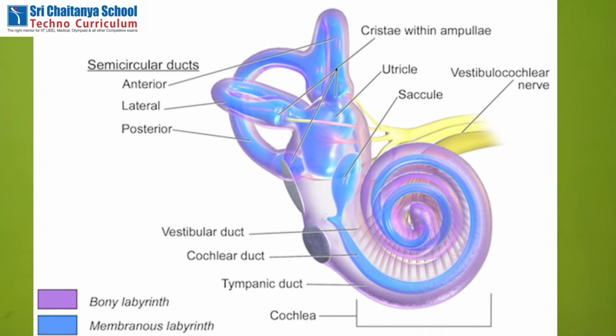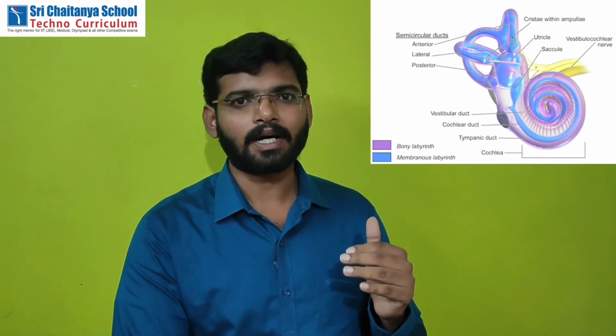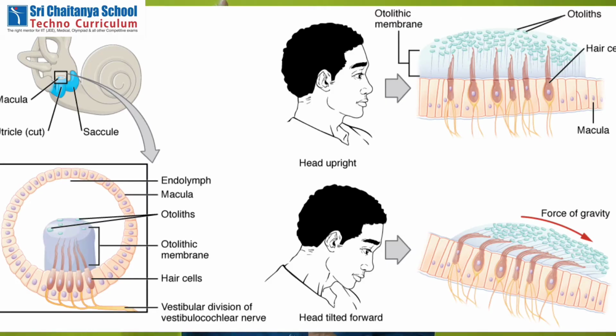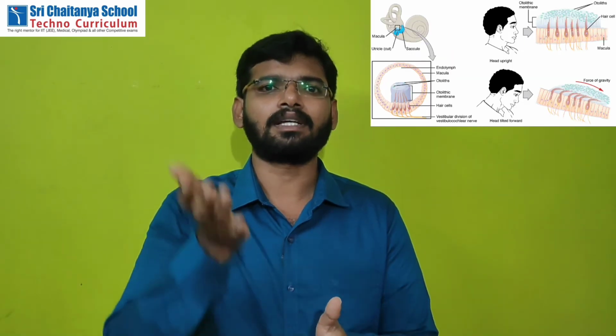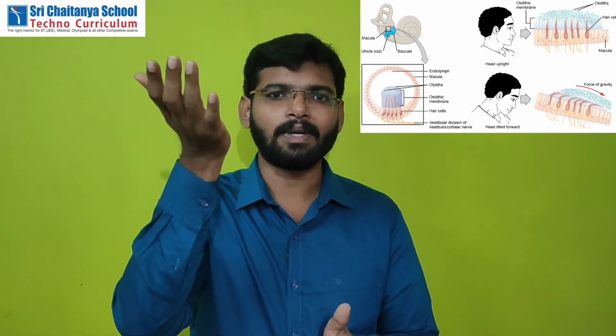Now let us see what parts are present in the vestibule. In the vestibule, the anterior part we call the saccule and the posterior part we call the utricle. The saccule helps to detect upward and downward direction. That means the vertical movement of the body. When you are moving in a lift, the vertical movement means going up and coming down.